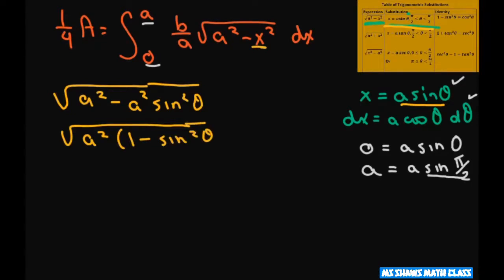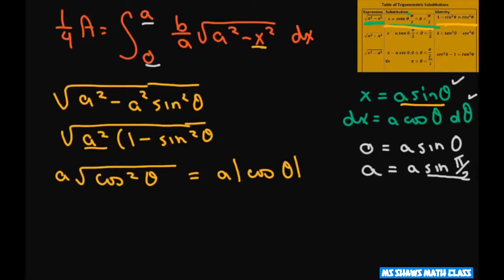And you have this thing going on. I can pull out this a, get cosine squared of theta, which equals a absolute value of cosine of theta. Since we're in quadrants 1 and 4, cosine's positive, so you can take away the absolute value sign.